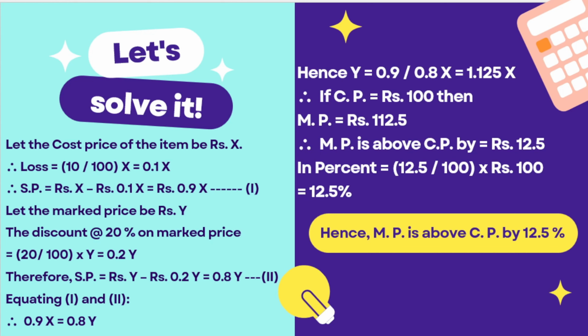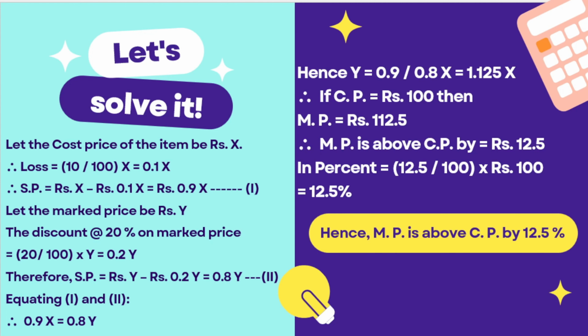Therefore, marked price is above cost price by rupees 12.5. We can calculate it in percentage as equal to 12.5 divided by 100 multiplied by rupees 100, which comes to 12.5%. Therefore, the marked price is above the cost price by 12.5%.